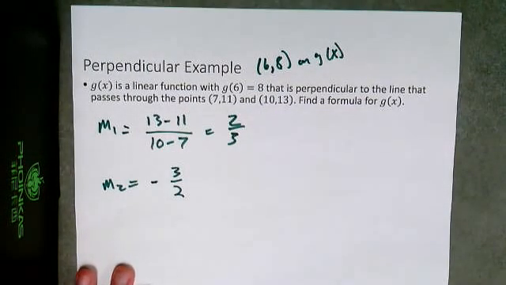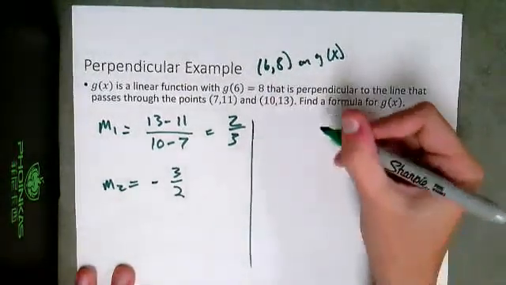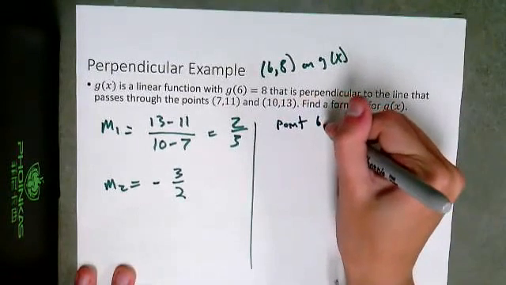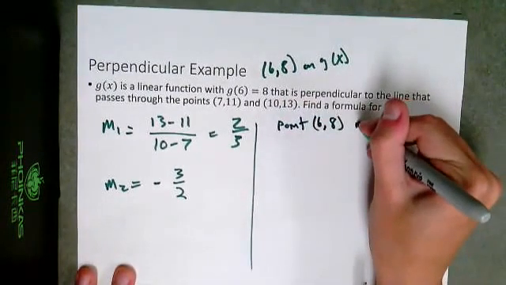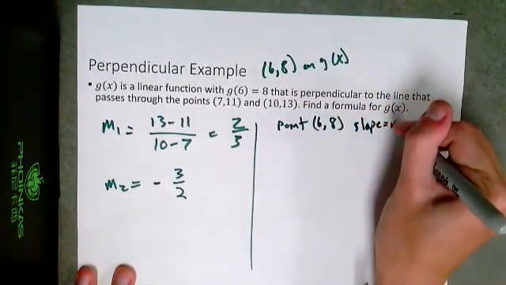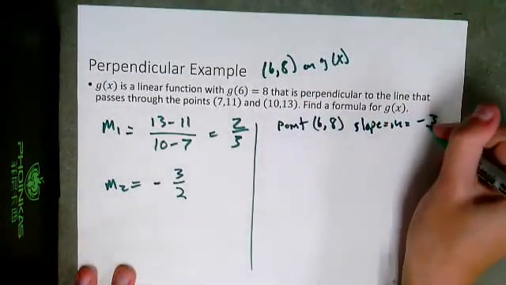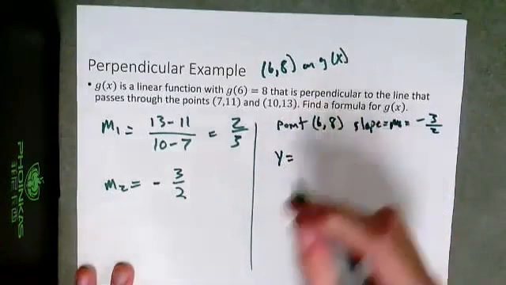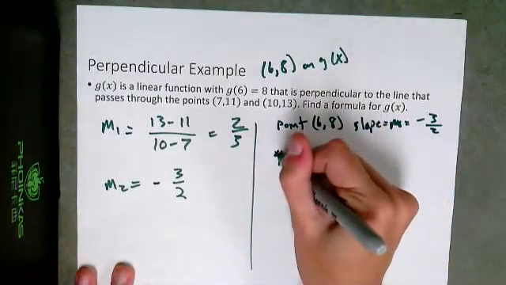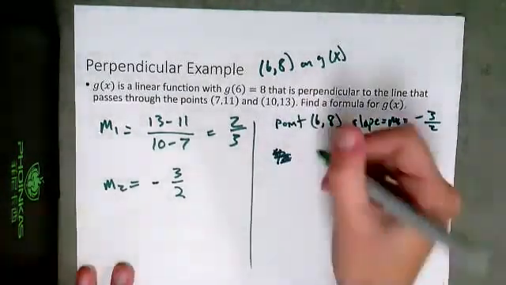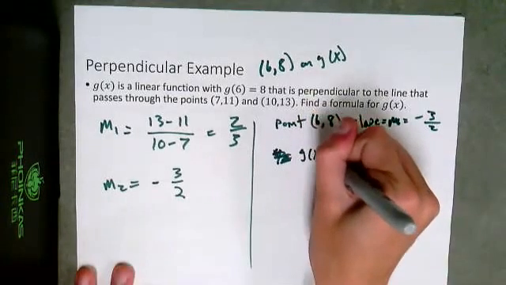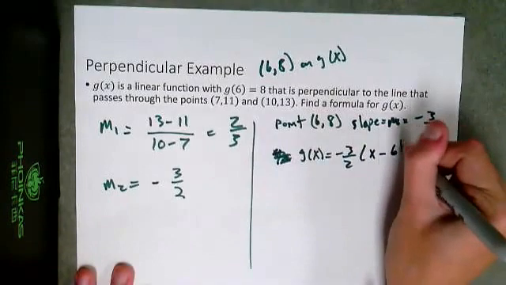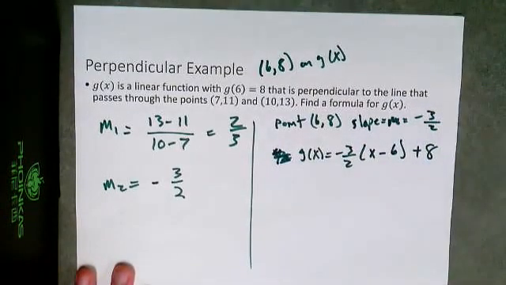All right. So with the point and slope negative 3/2, we get y, or not y, let's do g of x because we want g of x. g of x is equal to negative 3/2 x minus 6 plus 8.